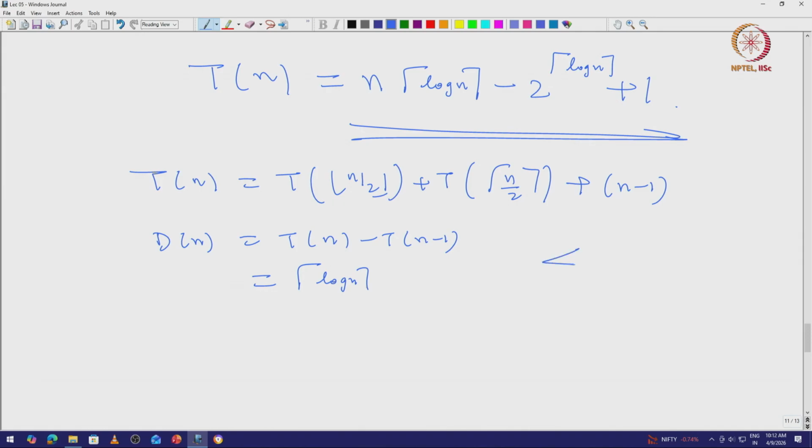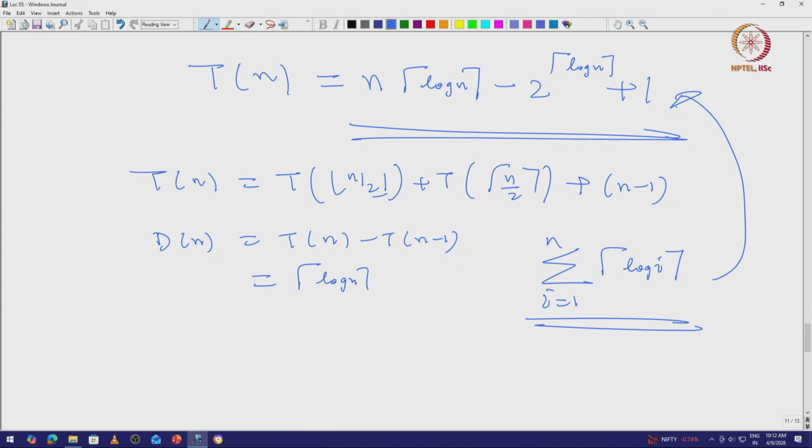Then we have to find the sum sigma i equals 1 to n of ceil log i. For this we have used Abel's summation by parts formula, and finally we got this closed form. Nice way in which we have solved the recurrence for merge sort exactly.